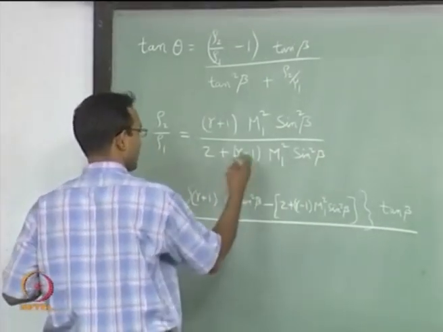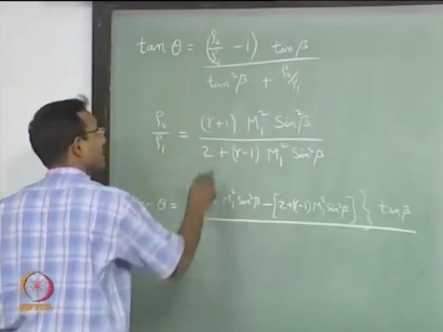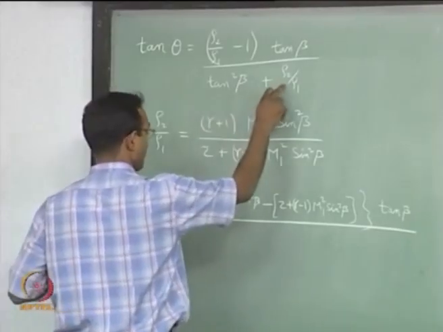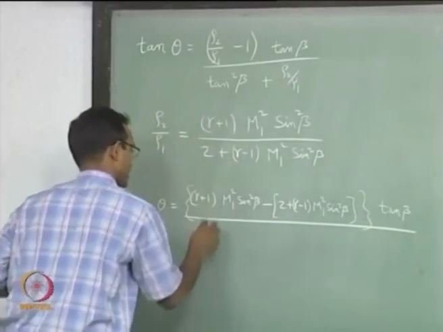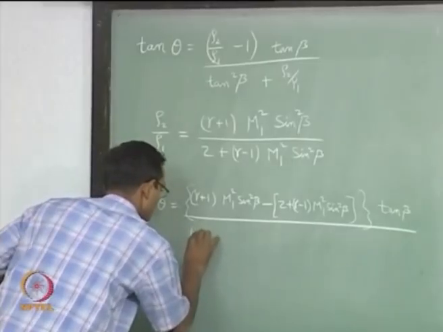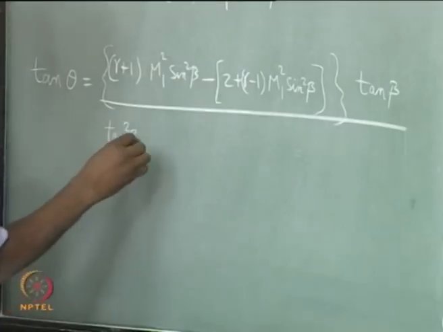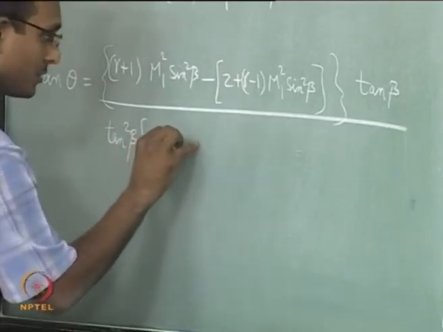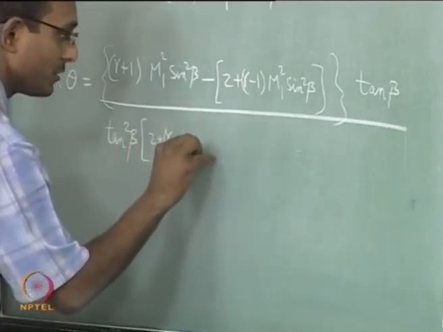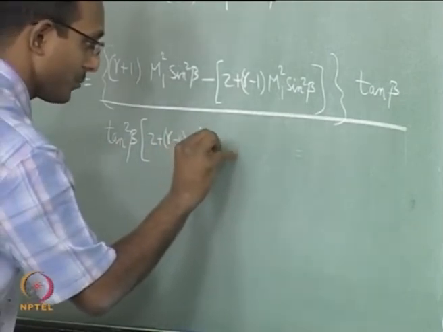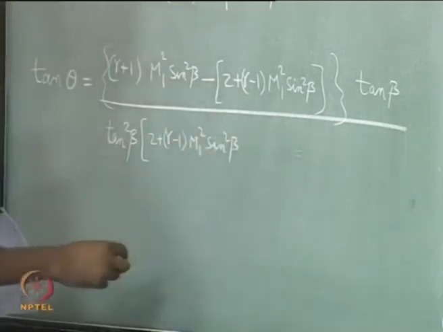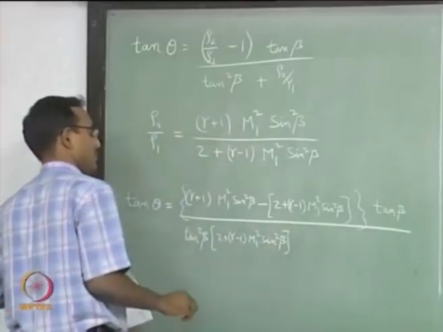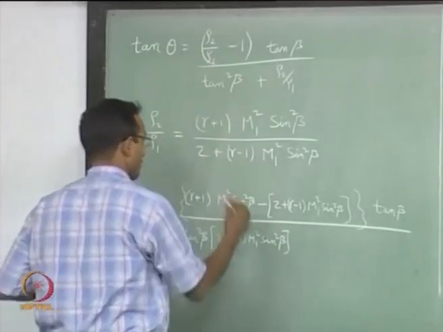We will not write that because the same thing will get cancelled in the bottom. Tan square beta times the denominator of rho 2 by rho 1, that is, tan square beta into 2 plus gamma minus 1 M1 square sin square beta, this plus the numerator of rho 2 by rho 1.